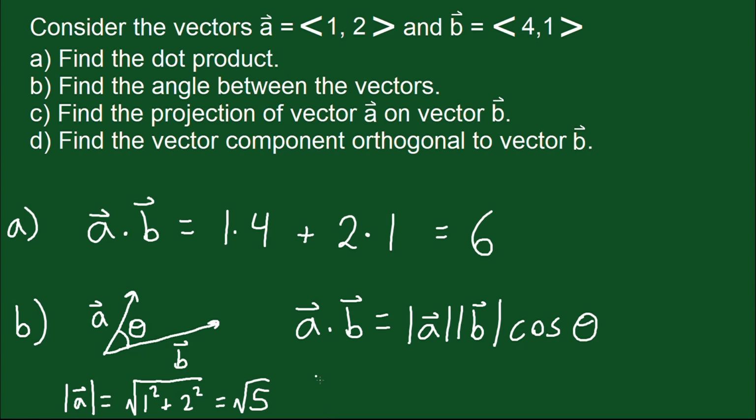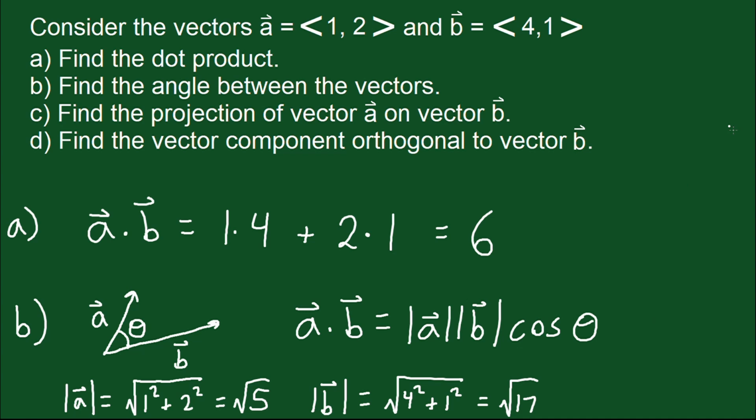You can do the same thing for vector B. You take the magnitude of that, you do the square root of 4 squared plus 1 squared, and if you do that, you should get a value of square root 17. Now you could calculate those and have an approximation rounded off with a decimal, but I prefer using the exact values just to ensure that my final answer is as precise as it can be.